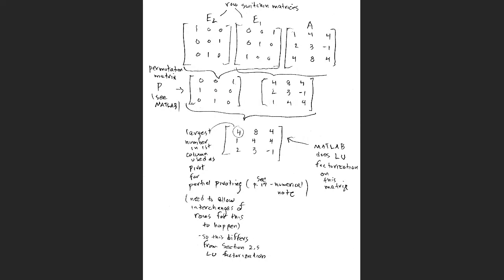Yeah, the determinant of P will equal -1 to the power of the number of row switches that you did. Yeah, that's how it's going to work.